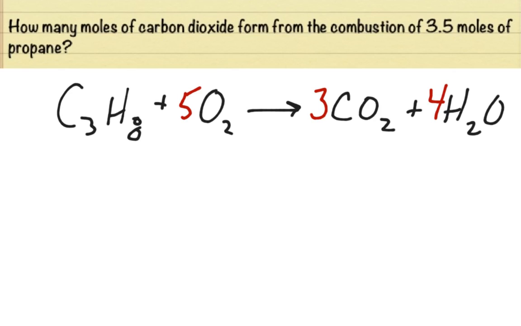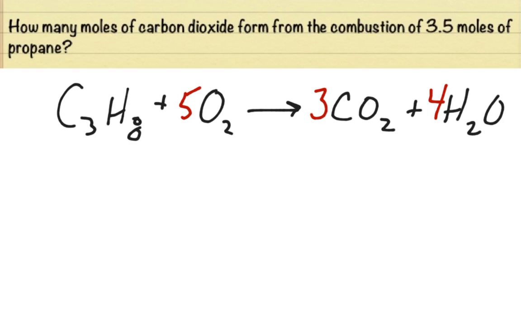What this equation says is that 1 mole of propane will react with 5 moles of oxygen to form 3 moles of carbon dioxide and 4 moles of water. You could say that a lot of different ways. You could also say that 1 mole of propane will form 3 moles of carbon dioxide. 1 mole of propane will also form 4 moles of water. Each one of these scenarios where we mix and match is a mole ratio.